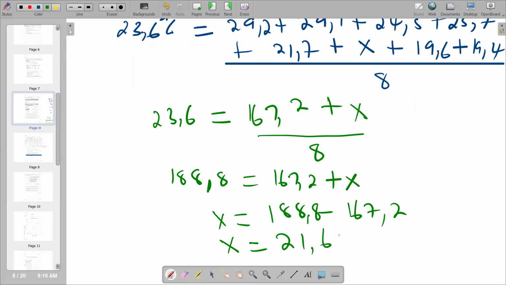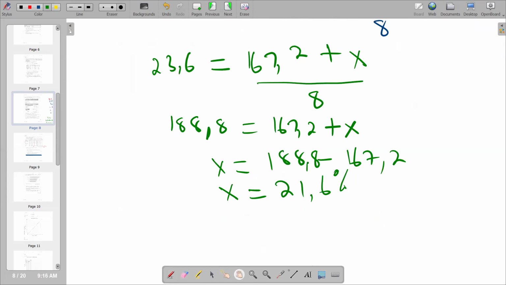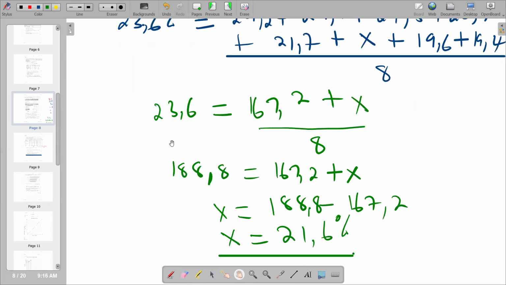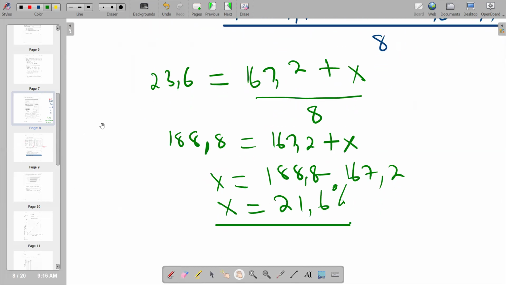So this is going to be 21.6%. So this becomes your response for 4.2.2.